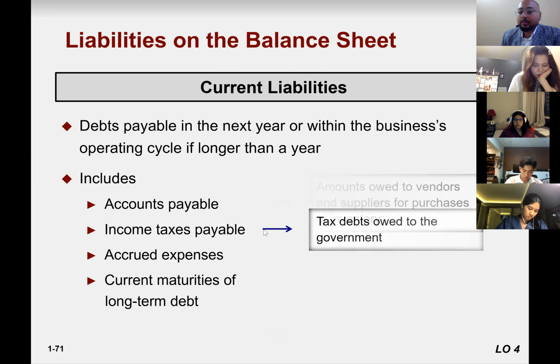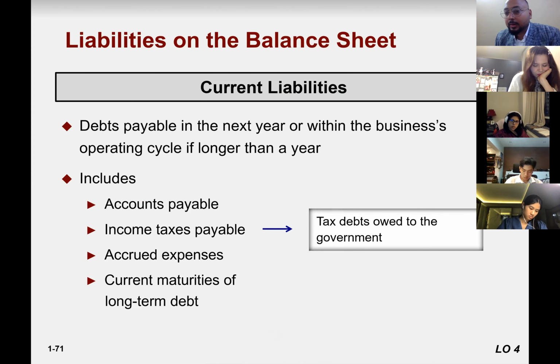Income tax payable, okay. You earn money, you earn net income, taxes are 30%. So did you submit the tax on the same day? No, government has some dates. You have to submit the tax every 3 months, and you will submit the income tax after 3 months, right?